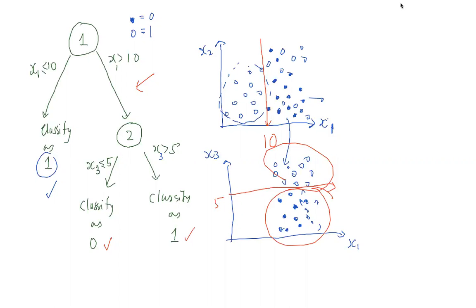In fact, this tree thing is actually very powerful. Let me show you something. Just for simplicity, if you have data that looks like this, so this is known as the Mickey Mouse data.